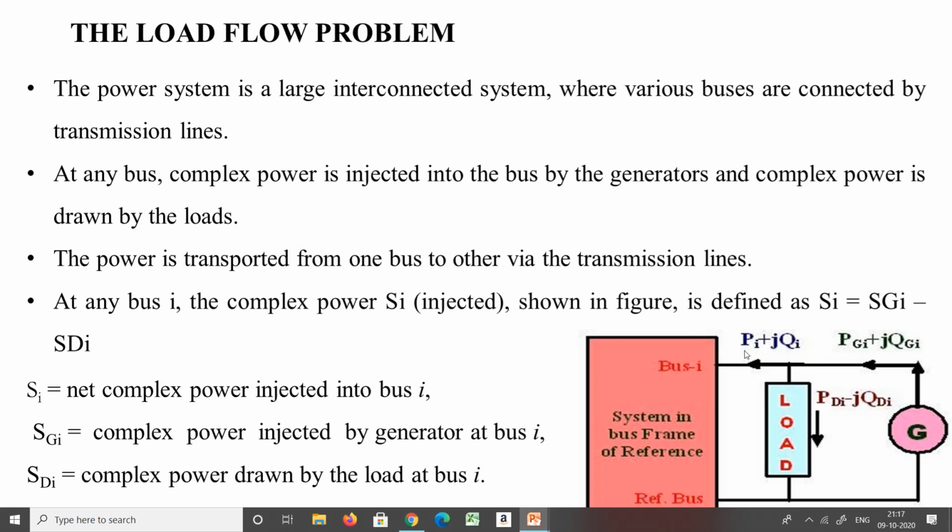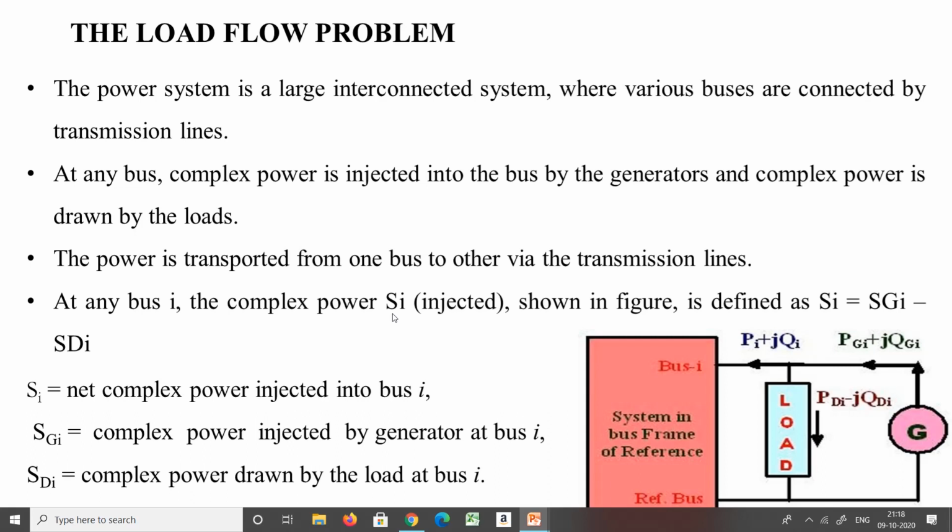So these are the complex power, both real and reactive power with a load. Here, from one bus to another bus, the transmission line is transported. For example, at any bus i, the complex power will be Si, which will be equal to Pi plus jQi.